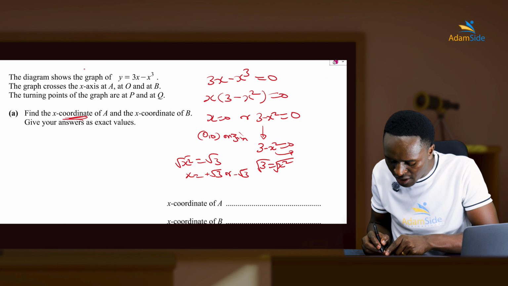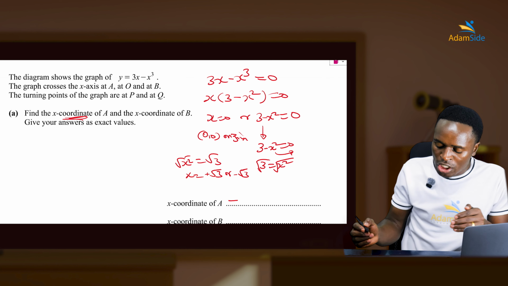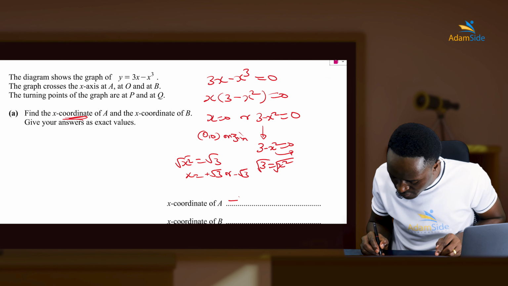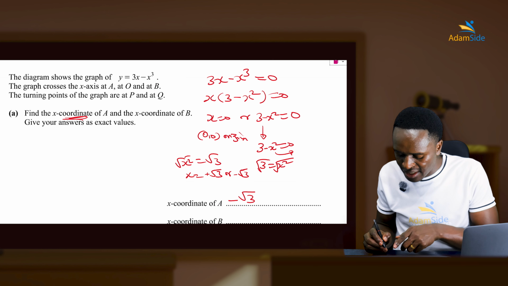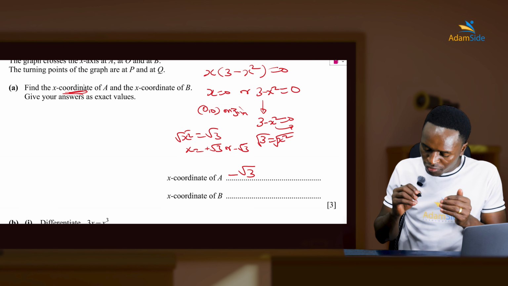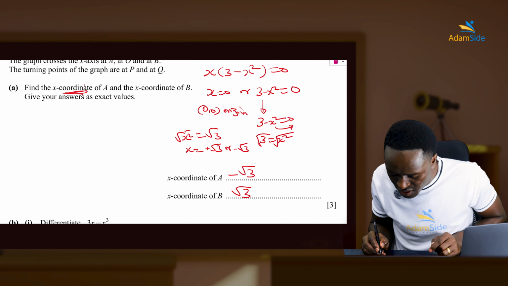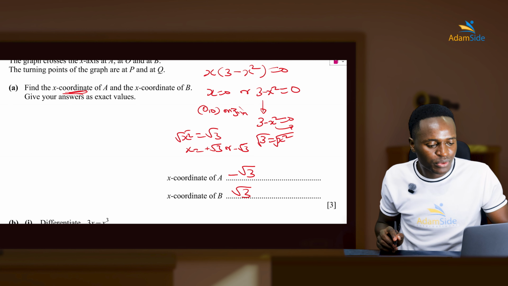The x-coordinate of A will obviously be the negative one, because it's a number below 0. So it's negative root 3. And then the x-coordinate of B is a number above 0, so it will be positive, which is root 3. That's the answer.